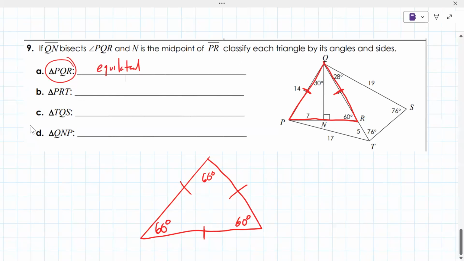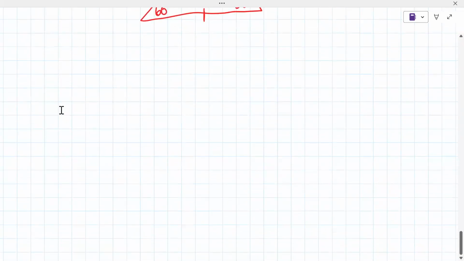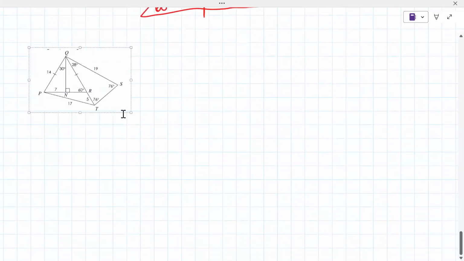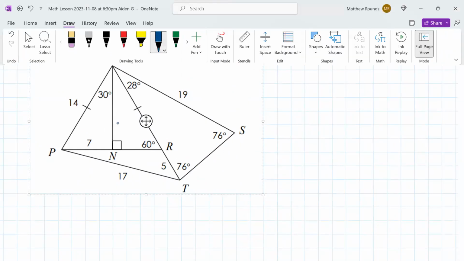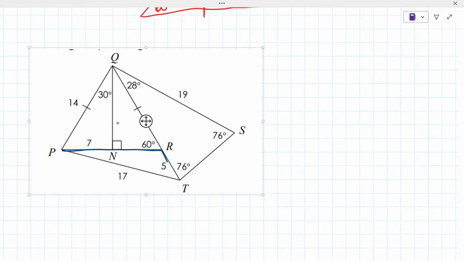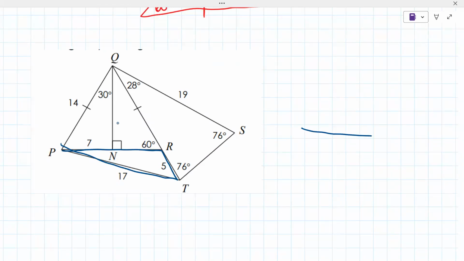So this is challenging here. So for the next one, PRT, I'm going to grab this and choose a different color. So we're looking at this triangle here. All right, so here is all we know about this triangle at the moment. We know that this is 17 and this is 5.